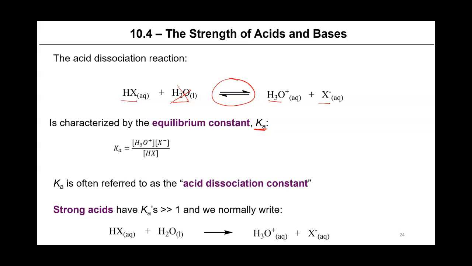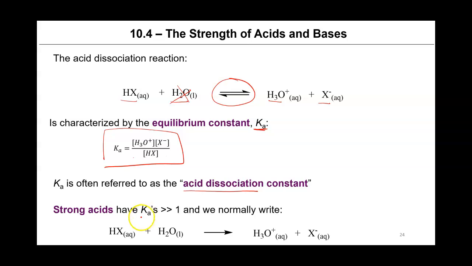And this is common throughout, that we omit liquid water when it's a solvent, because the concentration of the liquid water is very, very high, so it remains approximately constant regardless of what's happening in the reaction. So when we write a Ka expression for an acid, we omit the term for water and we just do products over reactants. Ka is sometimes called the acid dissociation constant. So if you hear that term, that's what they're talking about.